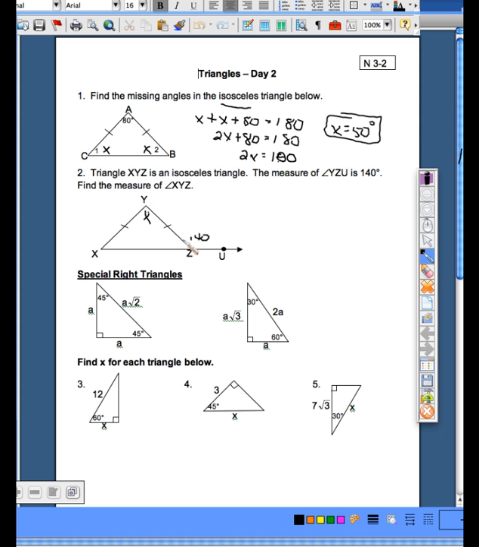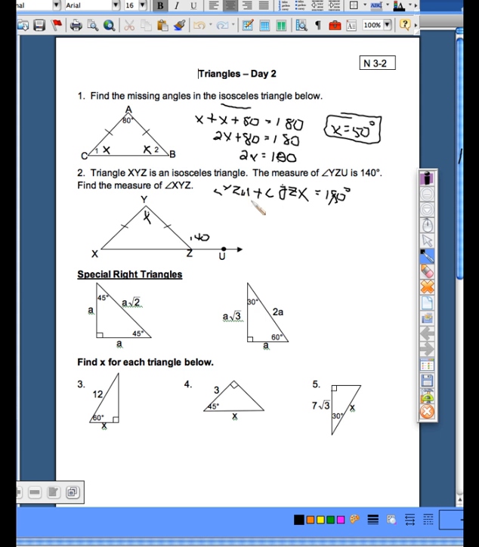So what we know is that this is a linear pair. Okay, YZU. So angle YZU plus angle YZX are equal to 180.